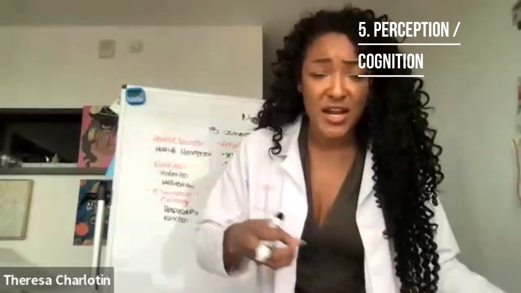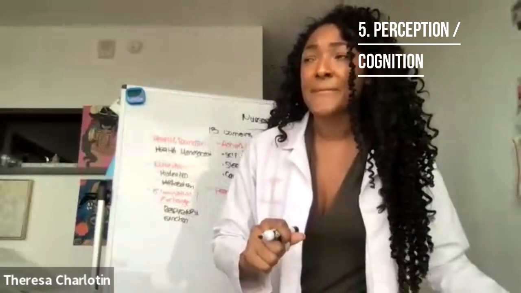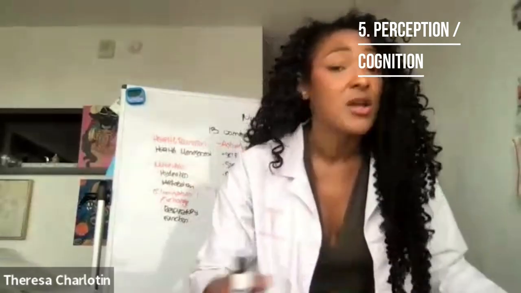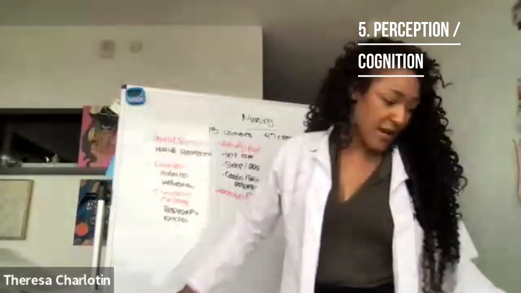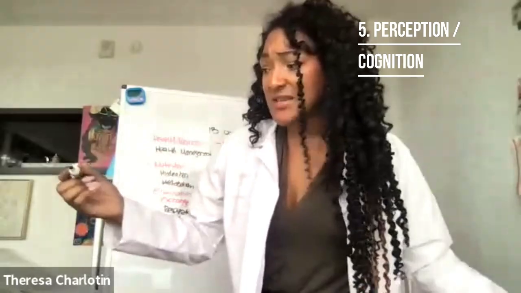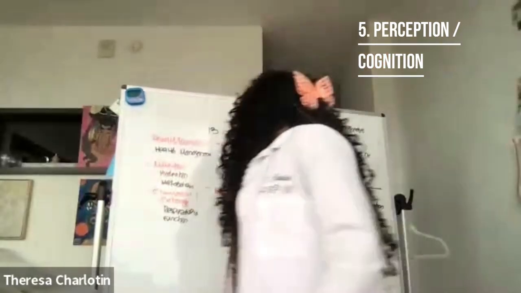Cognition, individuals that are kind of going into neurocognition, not dementia anymore, even though that word is still there, but now they call it neurocognition, level 1, 2, 3, right? And then communication.